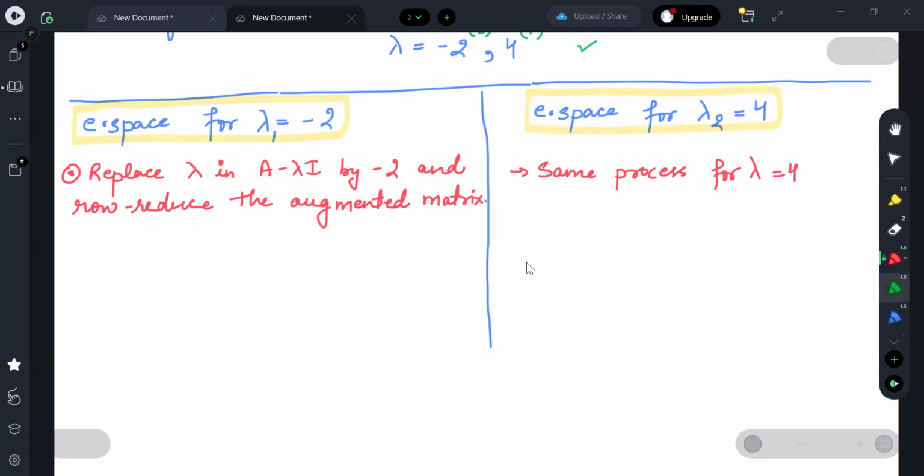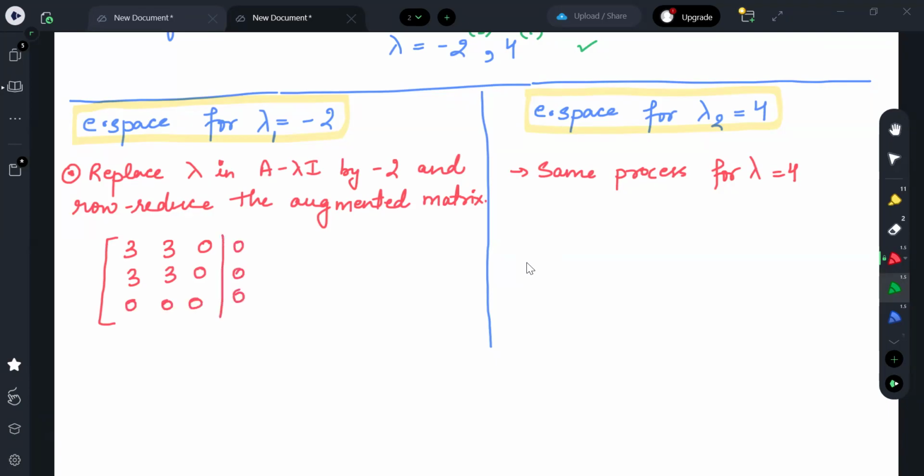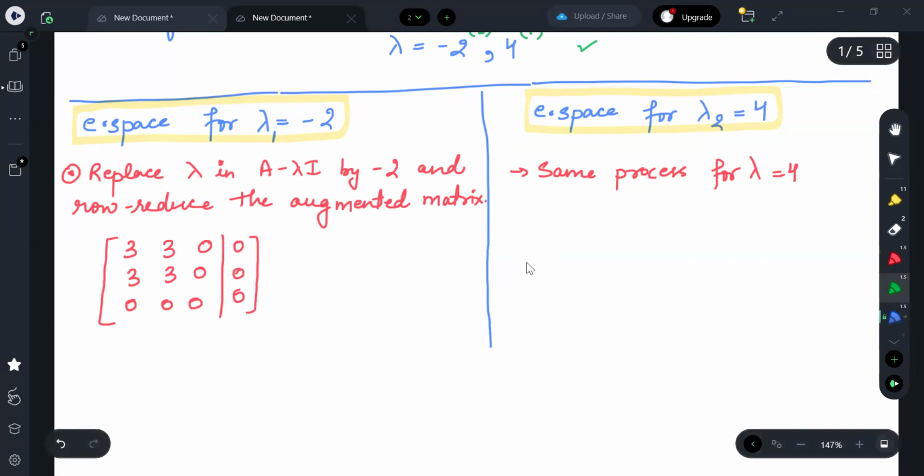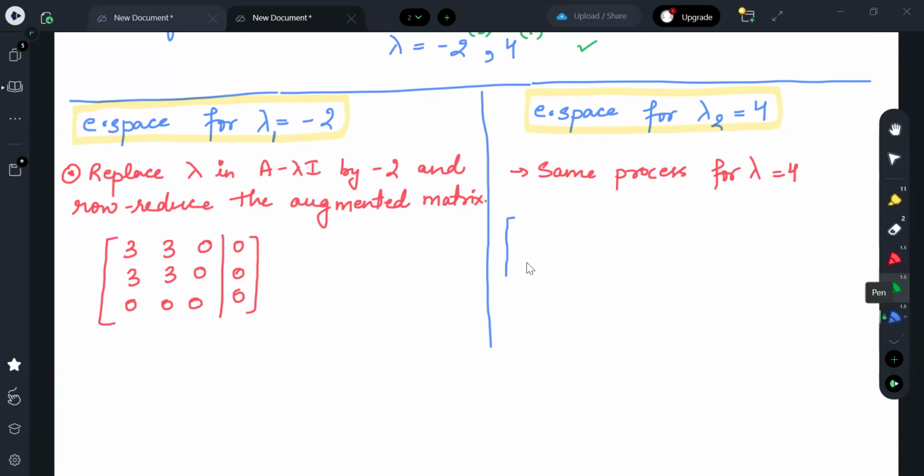Same process here, same process for lambda equals 4. So when I replace lambda with the -2 and I augment my matrix with a 0, I'll end up with a matrix looking like this. So I will have 3, 3, 0, 3, 3, 0, 0, 0, 0. Augmenting it, I get this. Take a minute and write out your matrices and see if you're getting the same matrix when you replace lambda with -2 and simultaneously replace lambda with 4 on the other side.